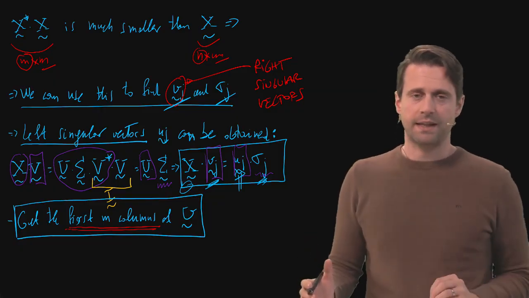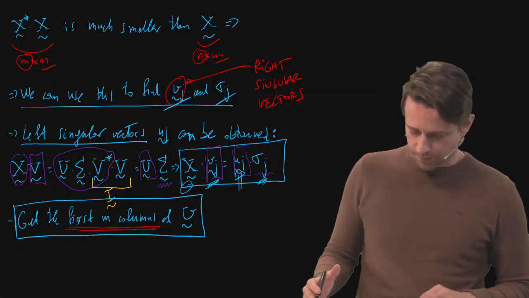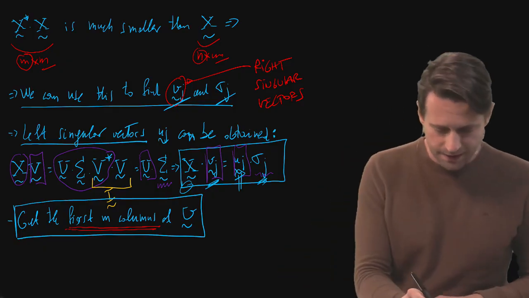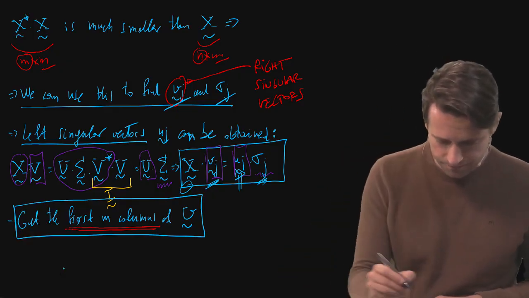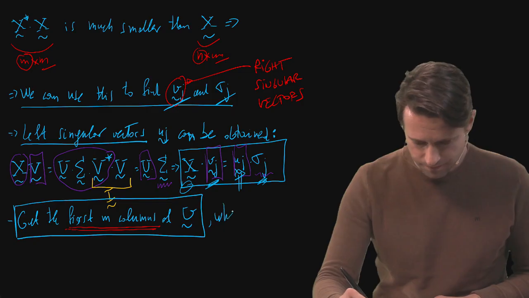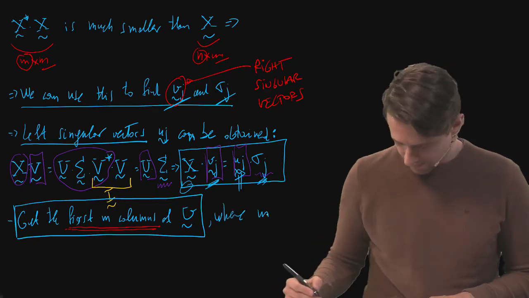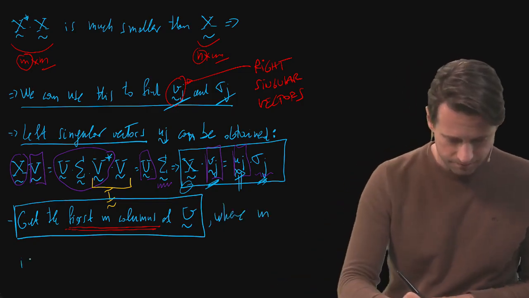I will just write a couple more definitions and I will tell you more about interpretations. We remember that, where M is the number of snapshots.